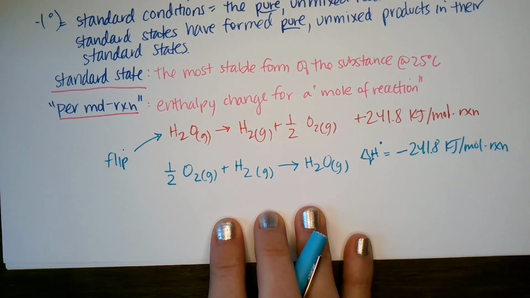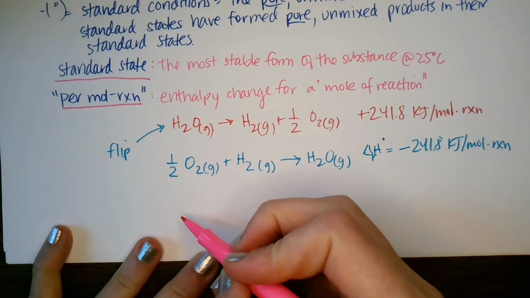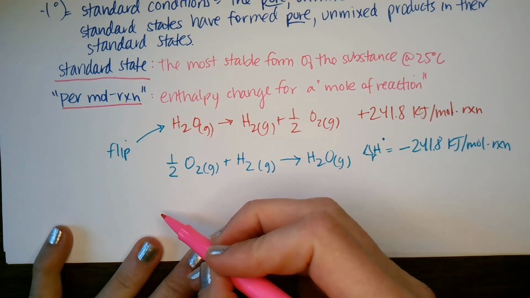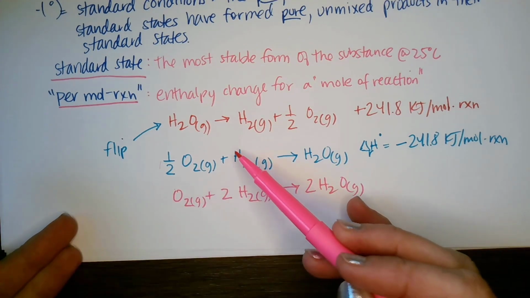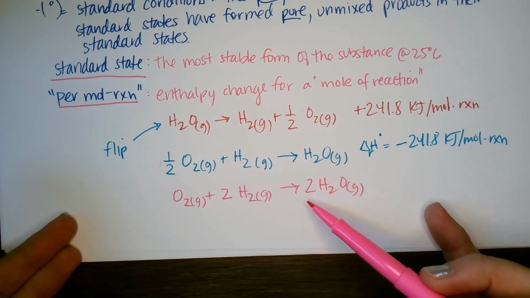Next, the value of our ΔH depends on the chemical equation used. So let us write the equation for the formation of water again, but without a fractional coefficient for O2. So I get rid of that fraction. In order to go from 1/2 to 1, I had to double it.